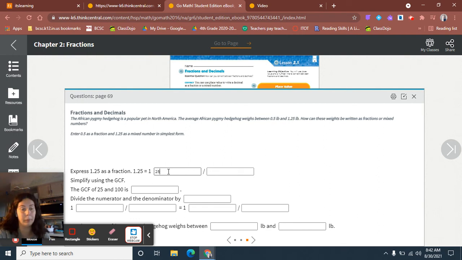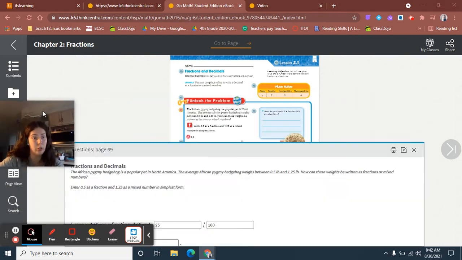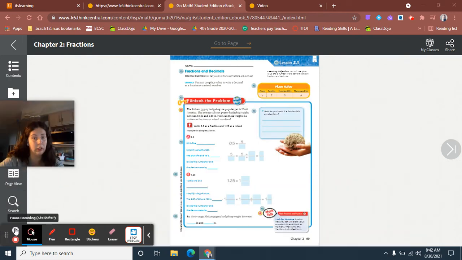Yours is going to look different because you are writing things in your math book differently than I am, okay? Now, the 25 has 2 decimal places, which means that's 25 hundredths. So that would be 25 over 100, okay? Simplify using greatest common factor. How do I do the greatest common factor?